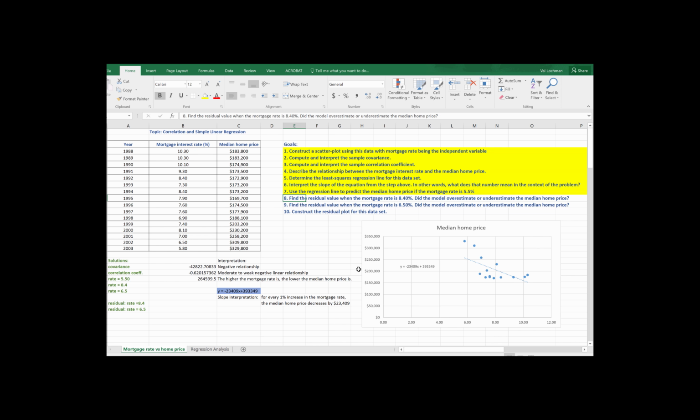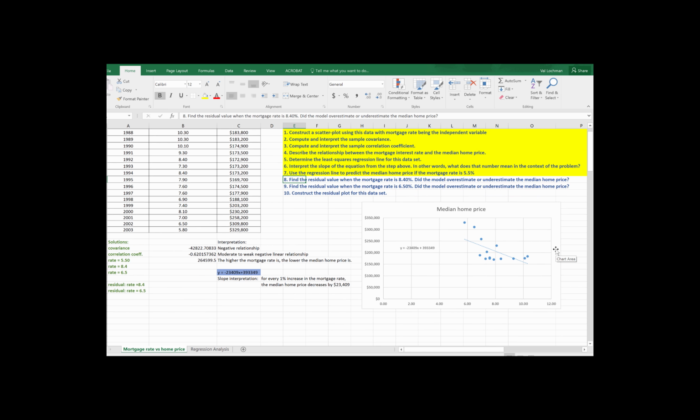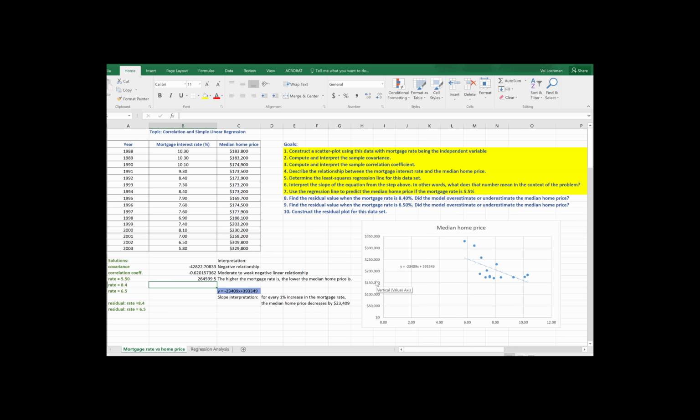Okay, now the next question says find the residual value when the mortgage rate is 8.4 and then 6.5 for the next question. Did the model overestimate or underestimate the median home price? Okay, so to find the residual, the first thing that we need to do is find the predicted value. So I'm just going to drag this down, and that will copy my equation here, so I don't have to retype it.